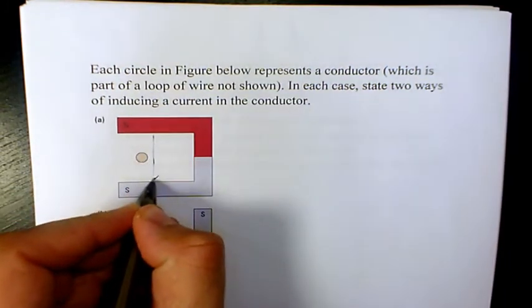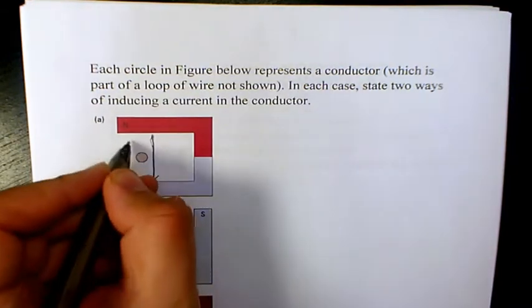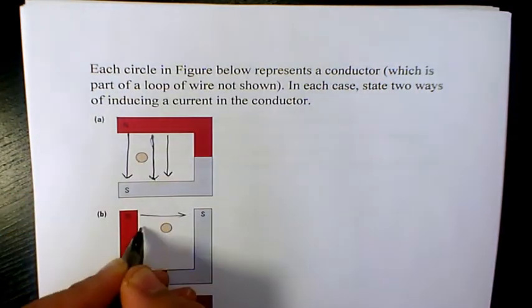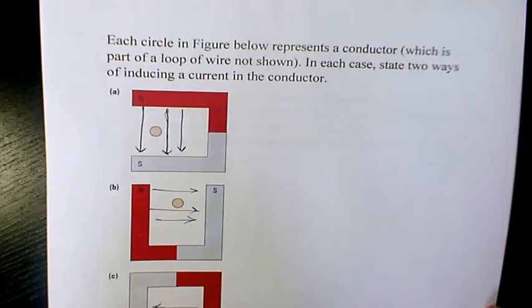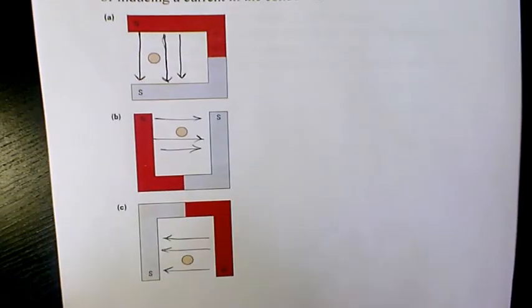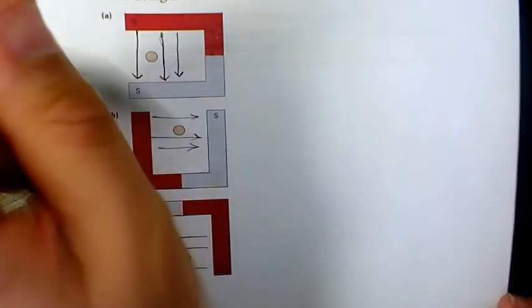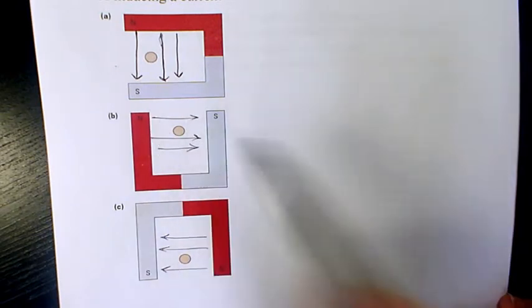If I show you the magnetic field lines from N to S, it means that if we move this conductor up and down, or perpendicular to the page, going in and out, nothing will happen to the conductor.